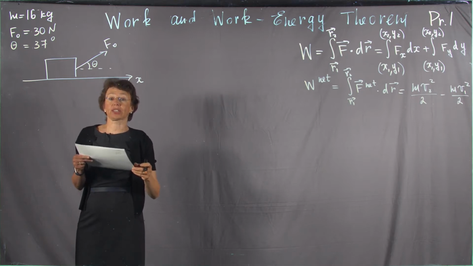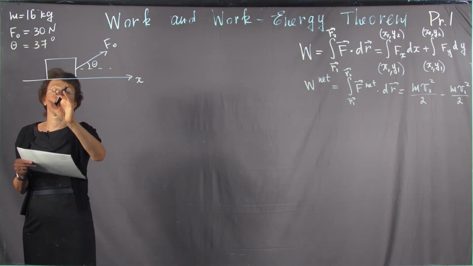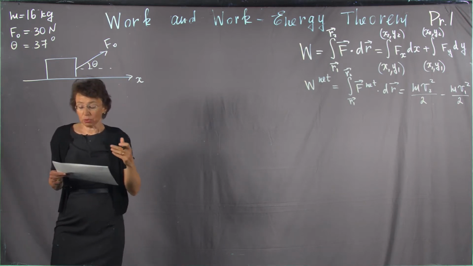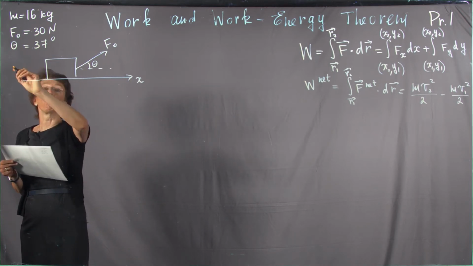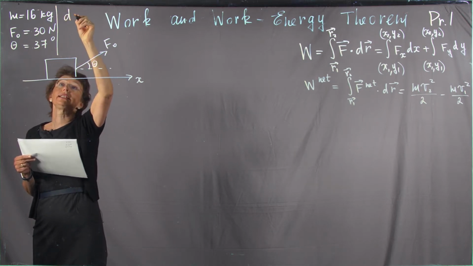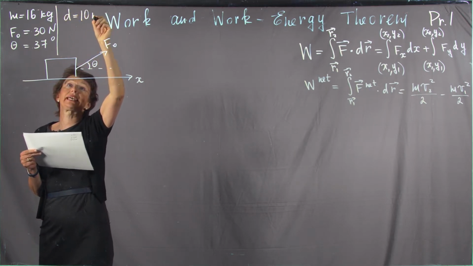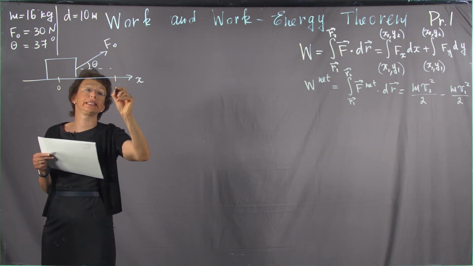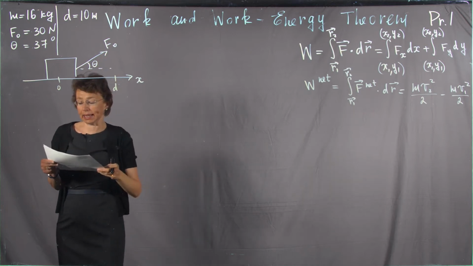There is friction between the block and the surface, and this friction impedes the motion. Then we know that the block moves to the right. It's given that the block moves to the right distance of 10 meters. So if it is 0, then this is d, and this d is 10 meters.